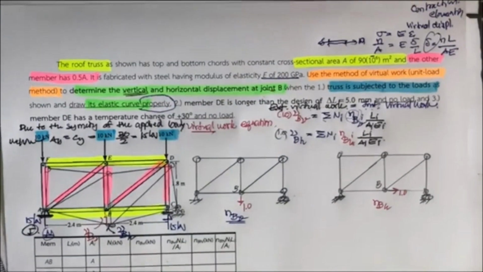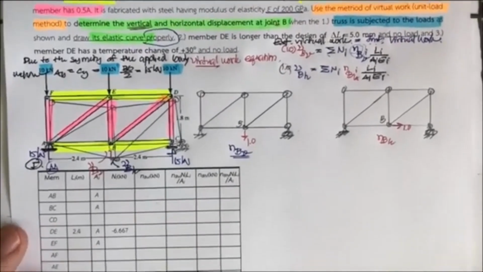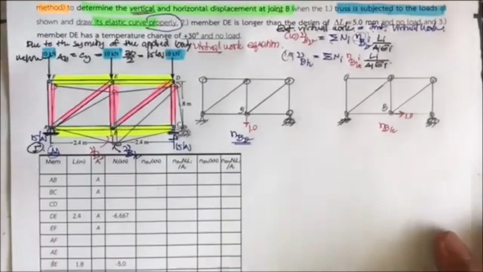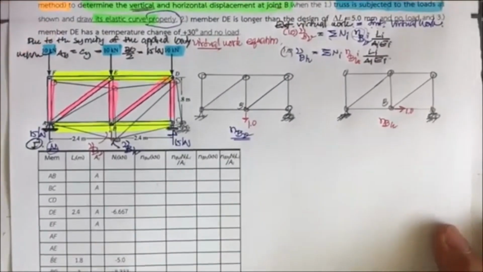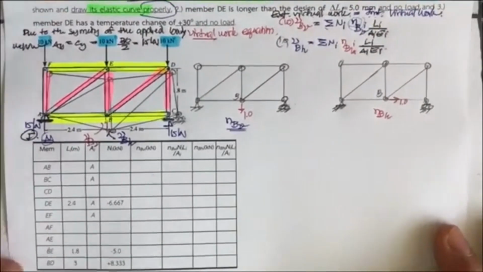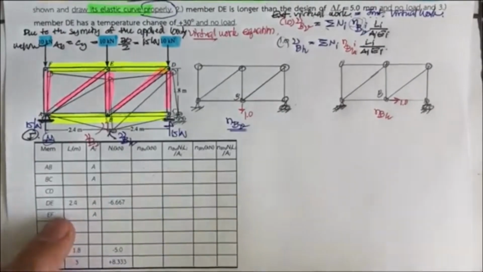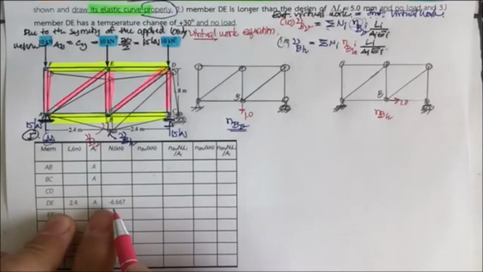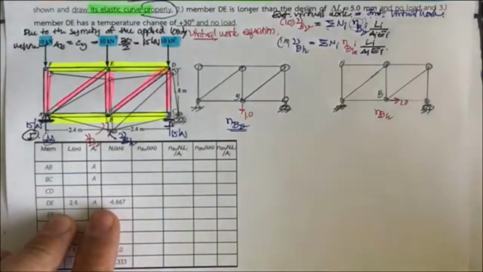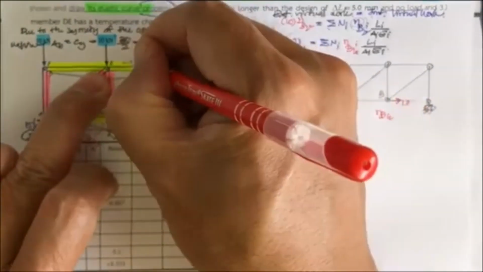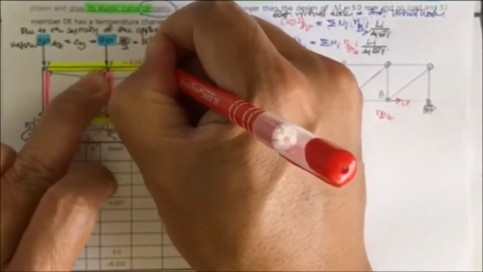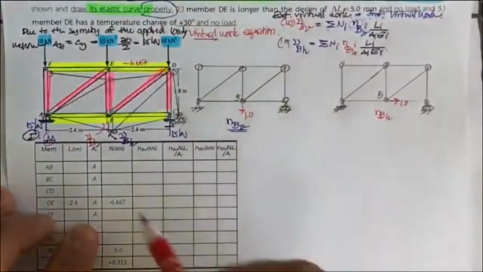However, if you take a look at the table, the problem gives you some of the forces already. For example, it had DE of minus 6.667, so this is minus 6.667 kilonewton already.